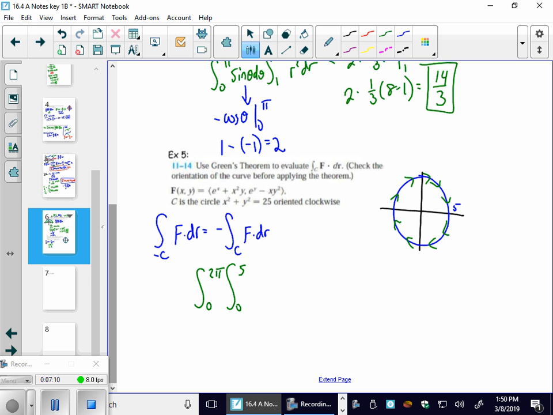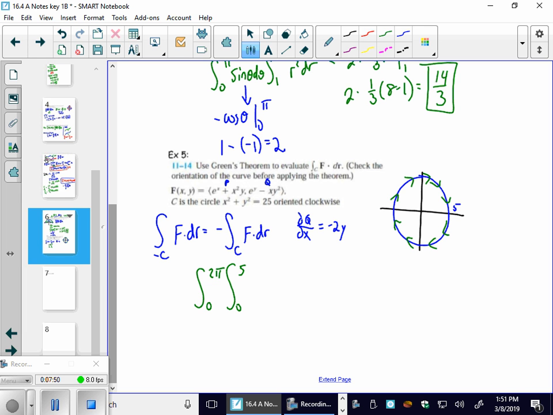We're going to need dP/dy and dQ/dx. So let's go ahead and grab those real quick here. I didn't write that right, dQ/dx does not look like a Q. Still doesn't really, but that's close enough. dQ/dx, so in this case, this is P, this is Q. The derivative of this thing Q with respect to x, the e to the y goes away, so we're going to get negative 2y.